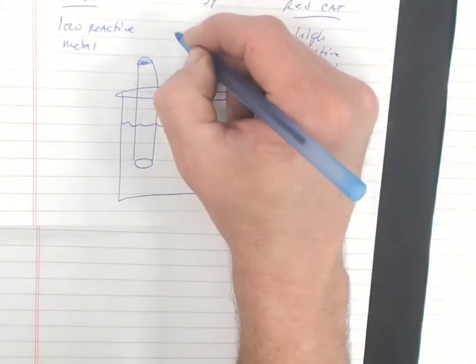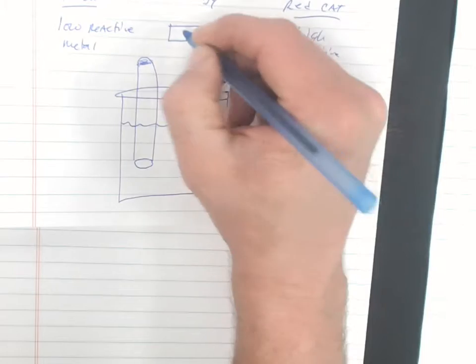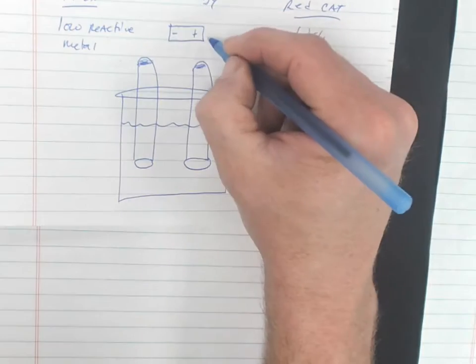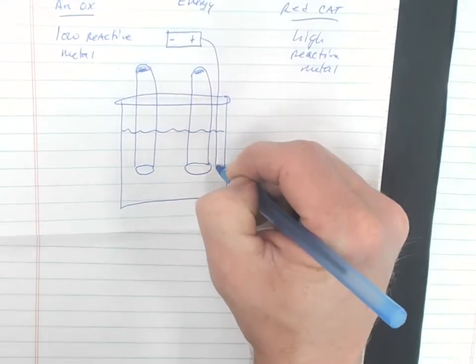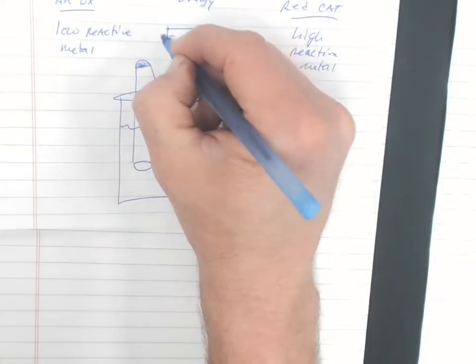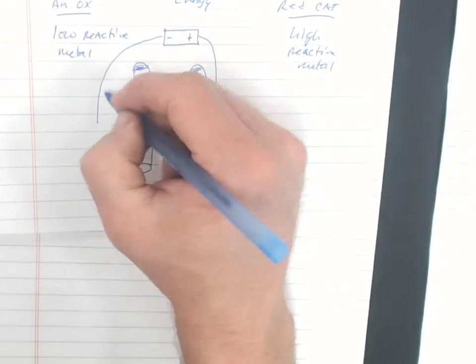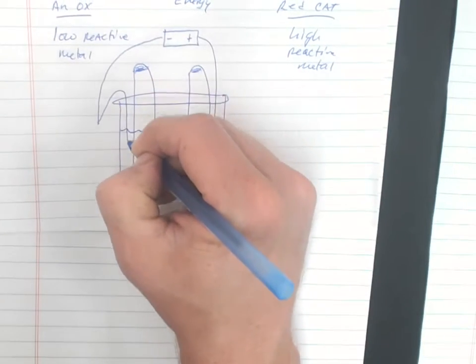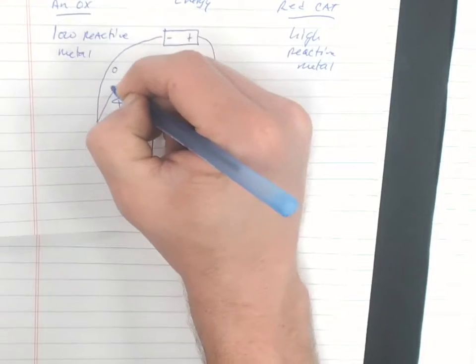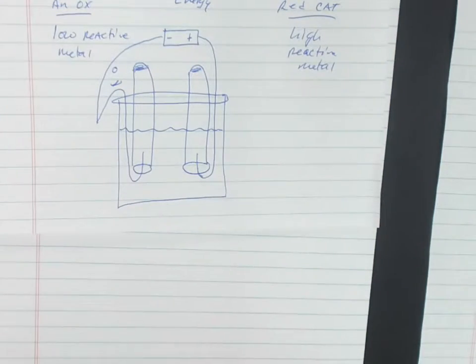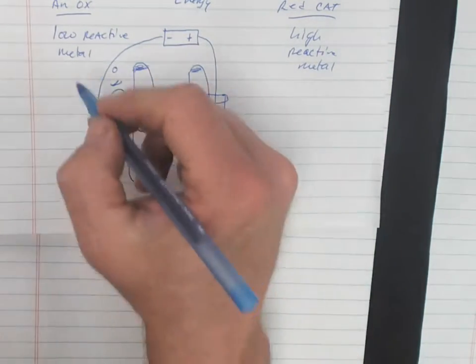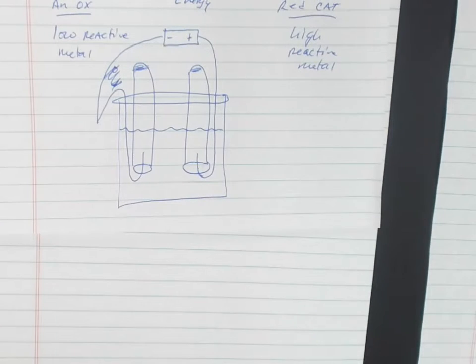Then if we take a battery and we run, oops, missed my little bird. We run our wire. All right, sorry. Looks like an elephant. We run our wire into each electrode.